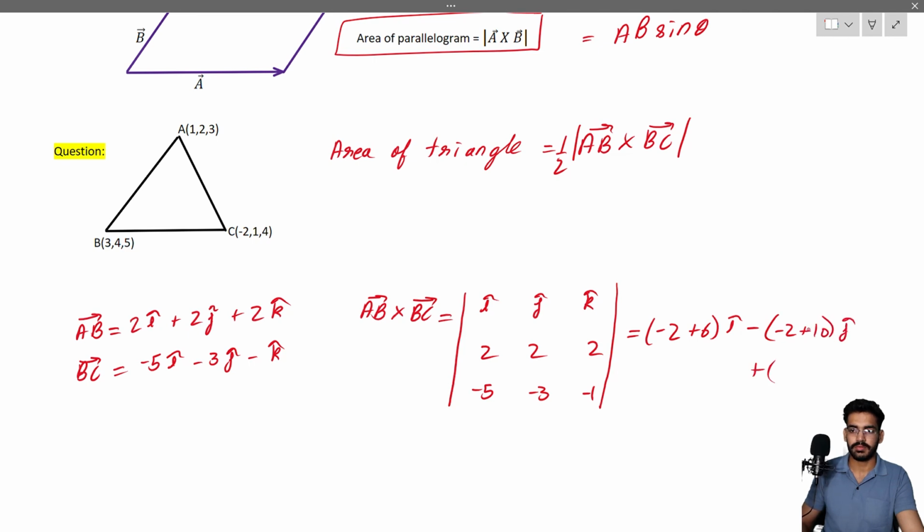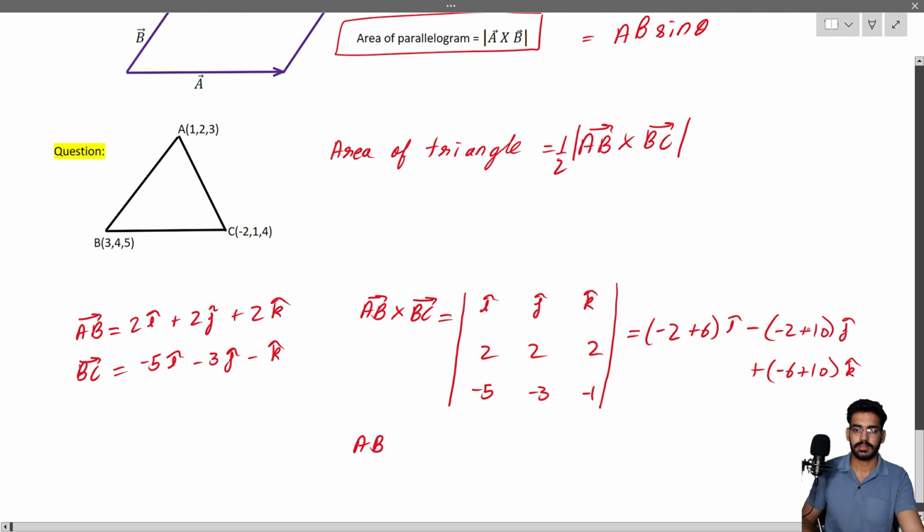And then for k cap, what will I write? 2 into minus 3, that is minus 6, and then minus 5 into 2, that is minus 10, then plus 10 k cap. So AB cross BC is 4 i cap minus 8 j cap plus 4 k cap.